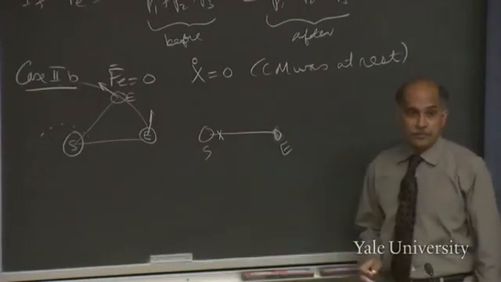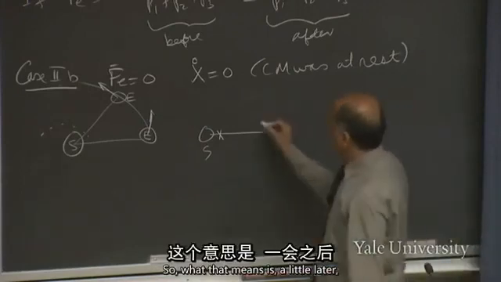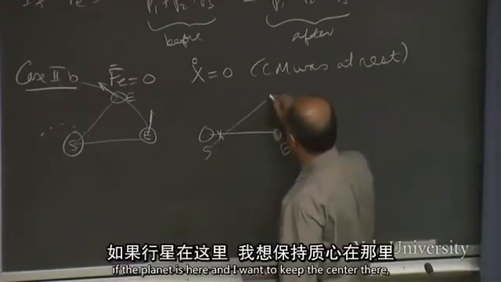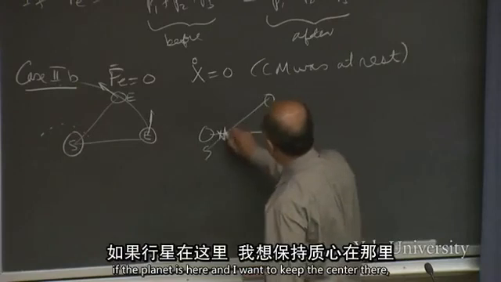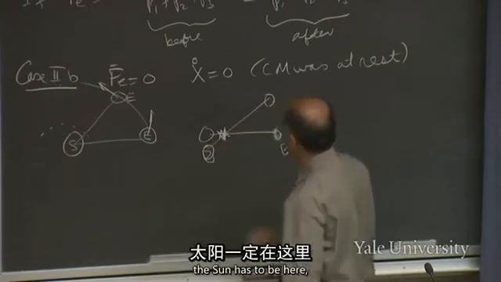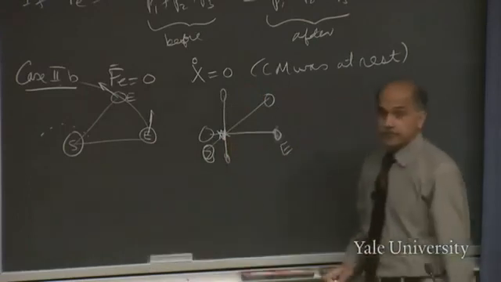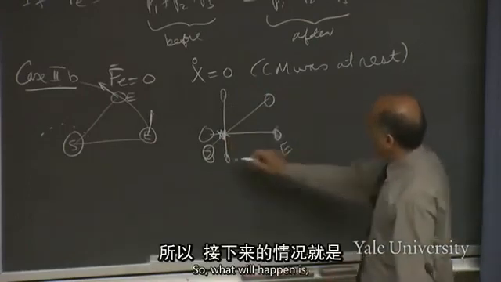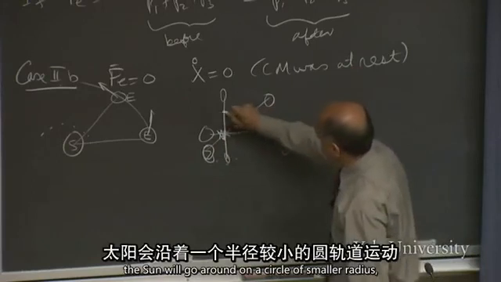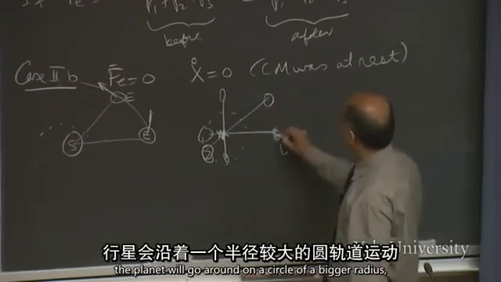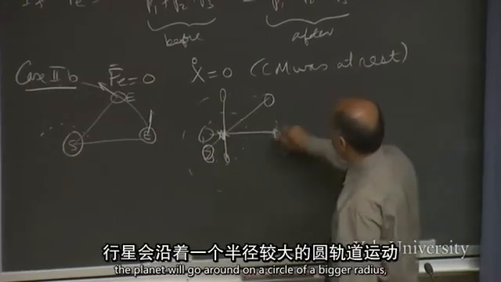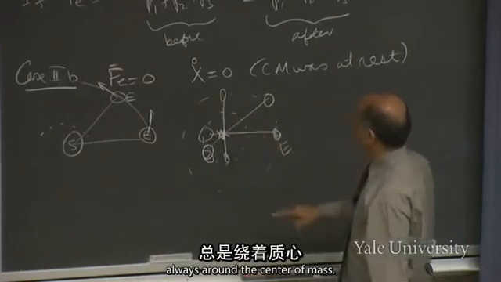That cannot move. So a little later, if the planet is here, and I want to keep the center there, the sun has to be here. And somewhat later, when the planet's there, the sun has to be here. So what will happen is the sun will go around on a circle of smaller radius. The planet will go around on a circle of a bigger radius, always around the center of mass.